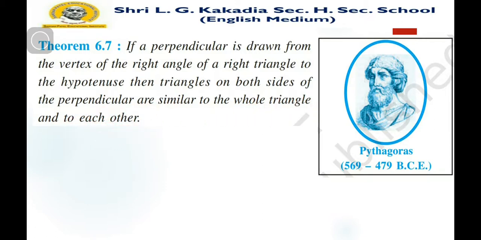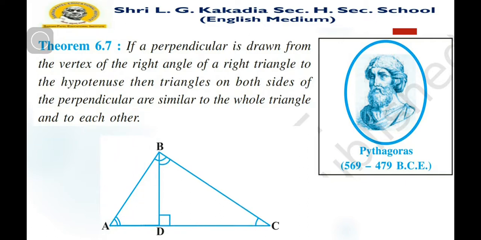Here ABC is a right triangle with B the right angle. We draw a perpendicular from this point to the hypotenuse. Then you can see that ADB and BDC are similar to each other, and both are similar to the whole triangle ABC.